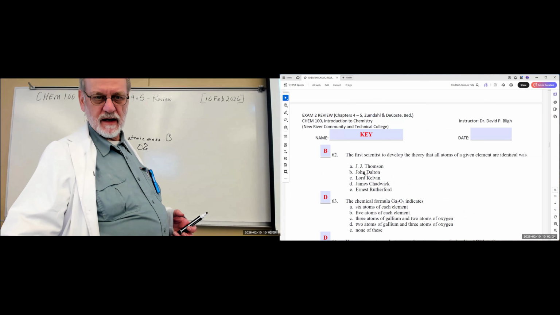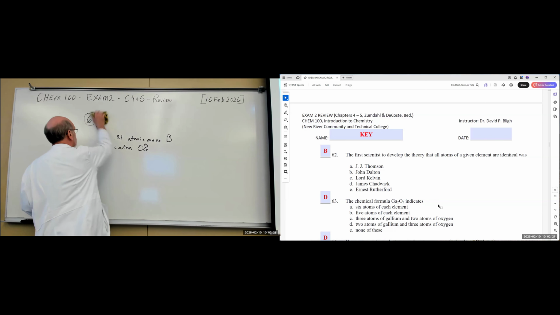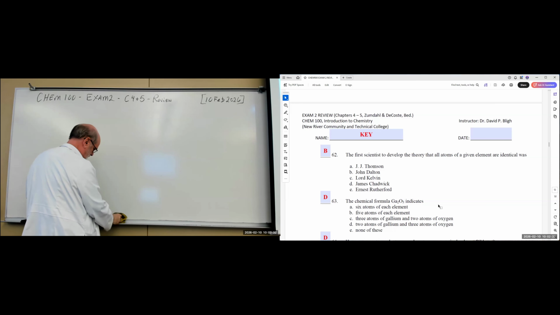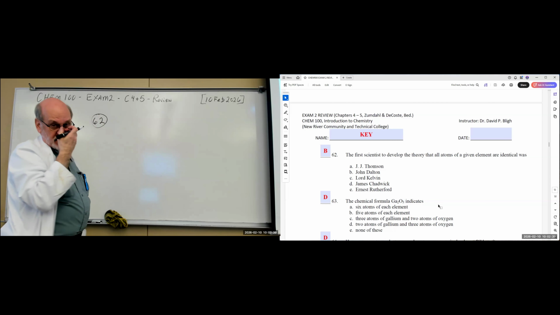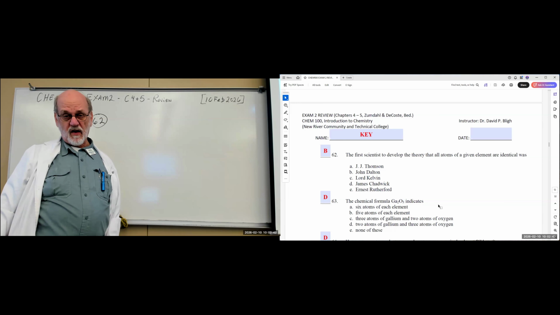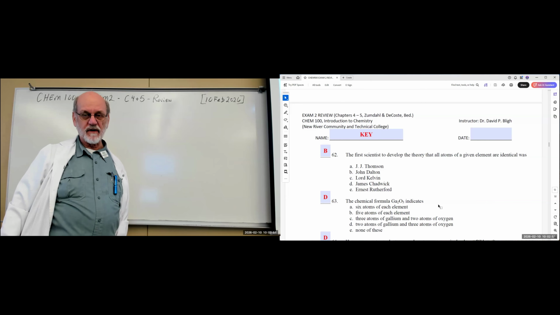All right. I didn't mark 62, but let's take a look at it. 62. All right. The first scientist to develop the theory that all atoms of a given element are identical.